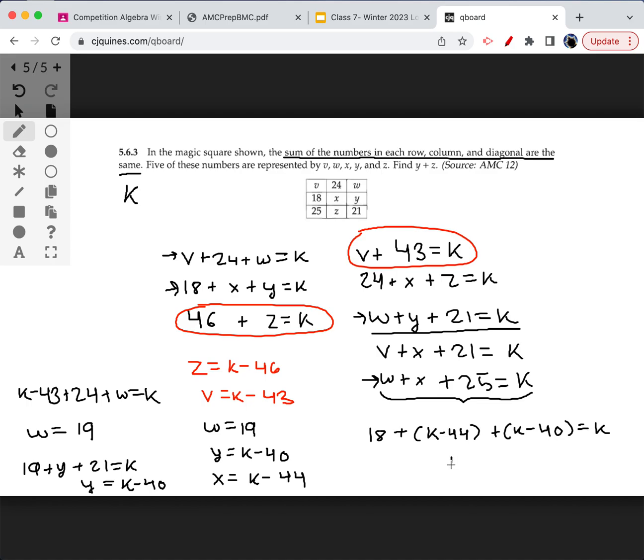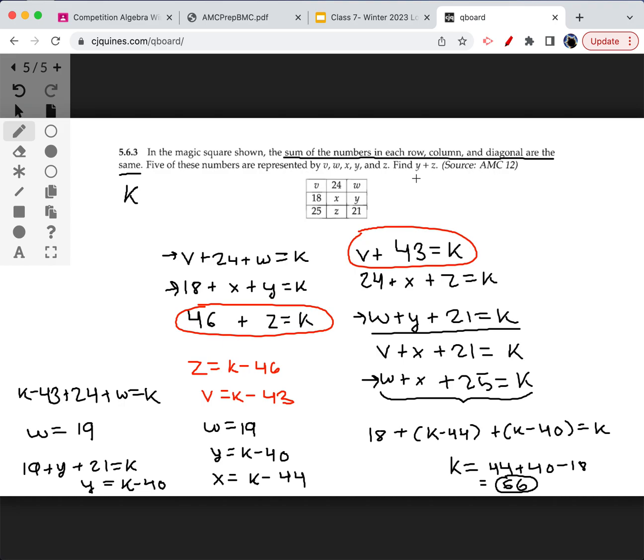So if you solve this, you get k is equal to 44 plus 40 minus 18, and this is 84 minus 18, which is 66. So we have k is equal to 66.